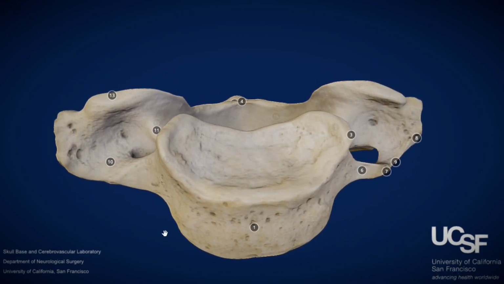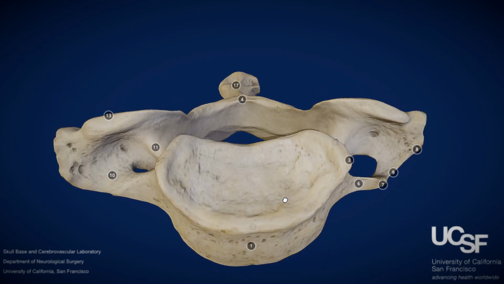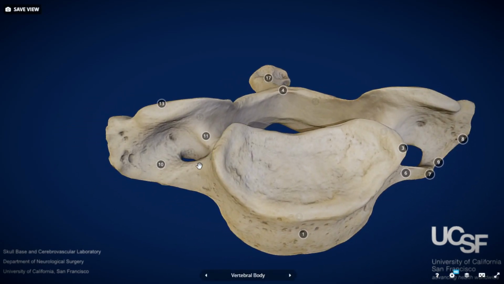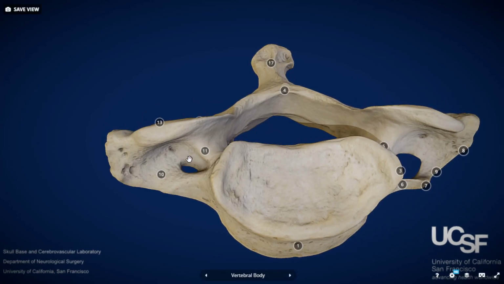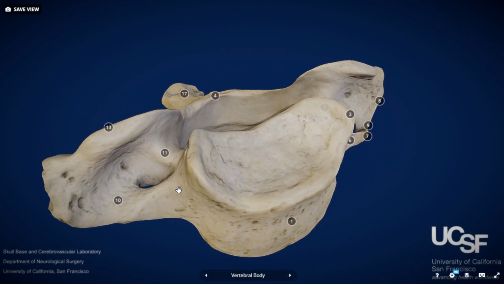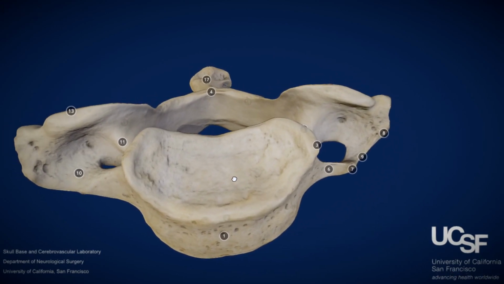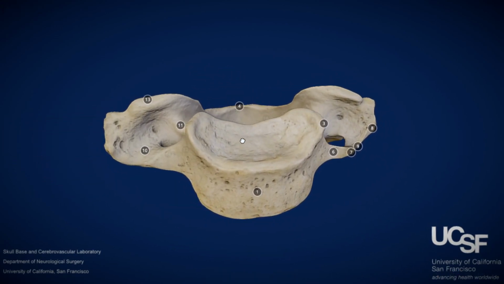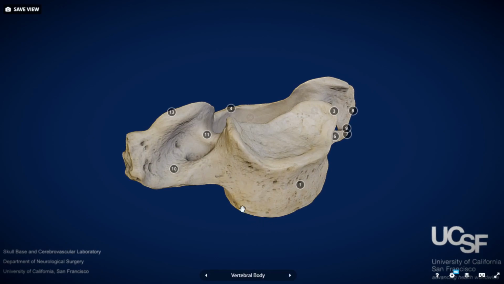Another thing that is worthwhile to mention, and this can be found regularly on C7, is the absence or the atresia of the transverse foramen. If we remember, the transverse foramen of C7 usually lies inferior to the axis of the vertebral artery, to the conventional level, which is the transverse foramen of C6.